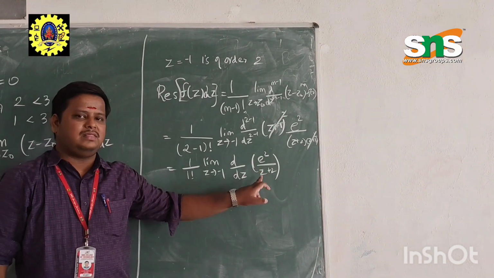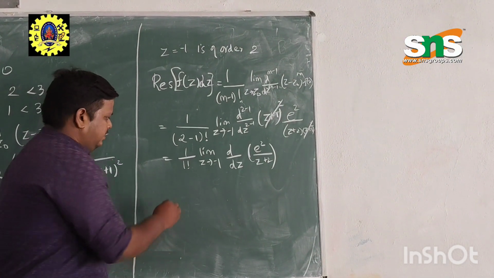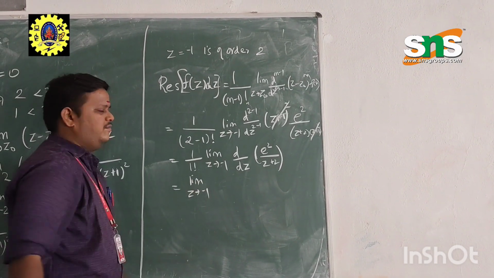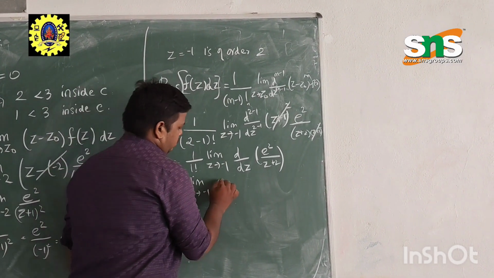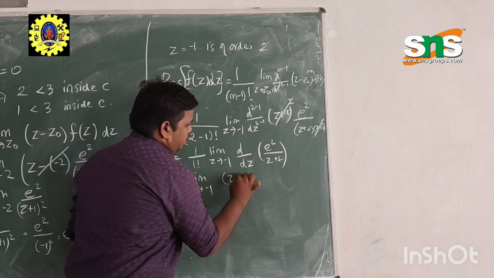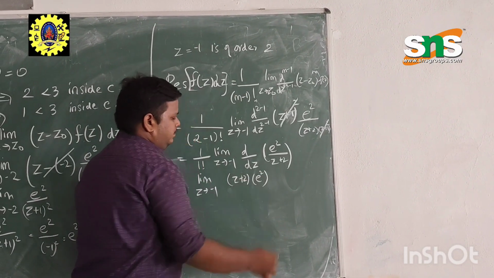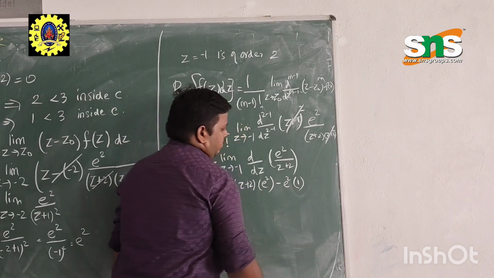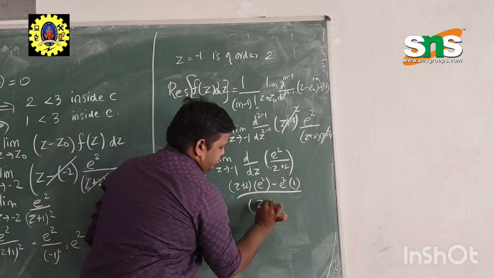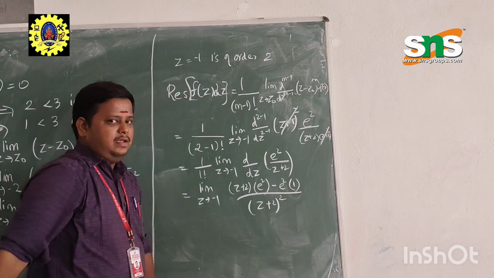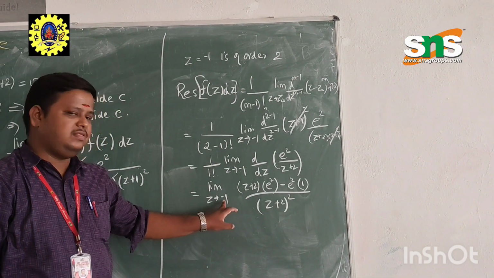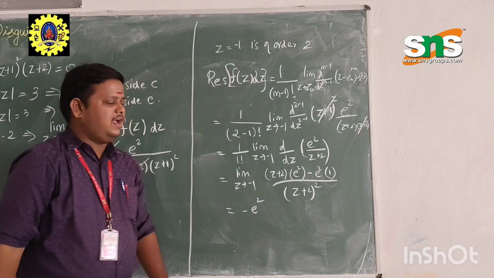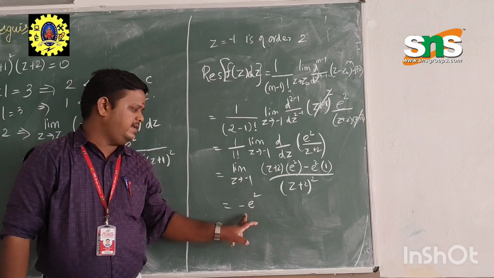I differentiate this using the u by v formula: (v u dash minus u v dash) divided by v square. Applying the limit z is equal to minus 1, I get minus e square.